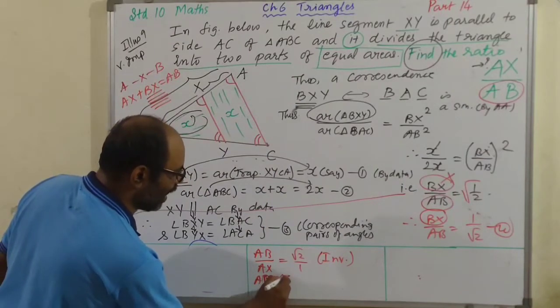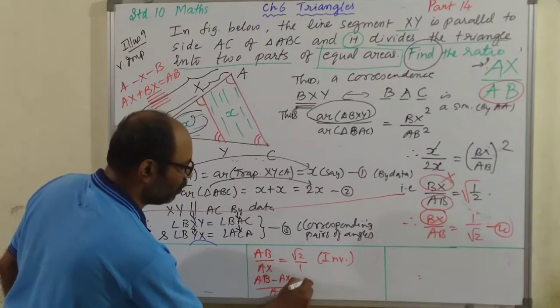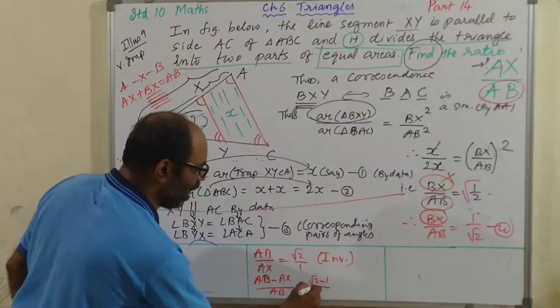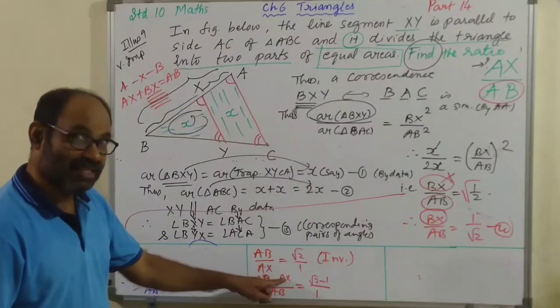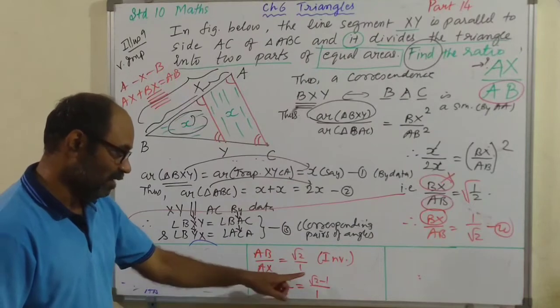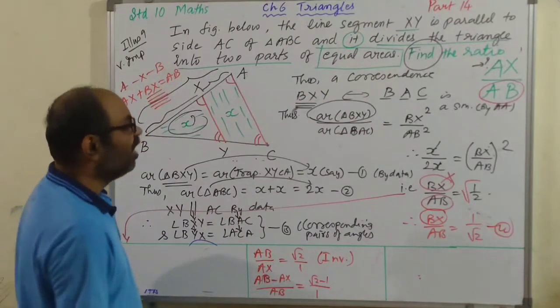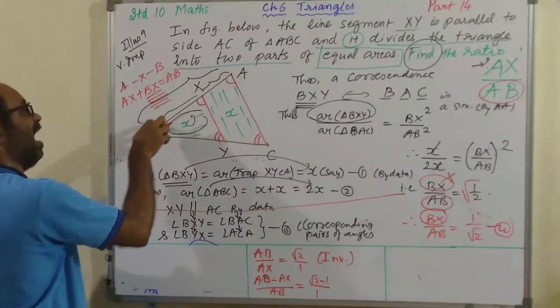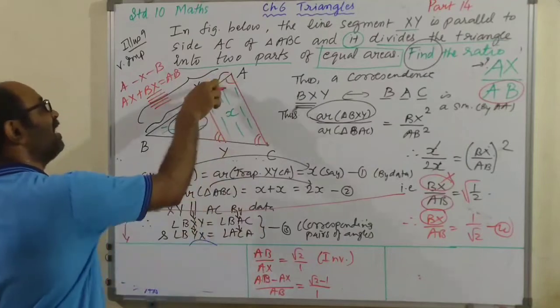AB minus AX upon AB is equal to root 2 minus 1 upon 1. Chaliye. What is pura AB? Look here. Pura AB minus AX.